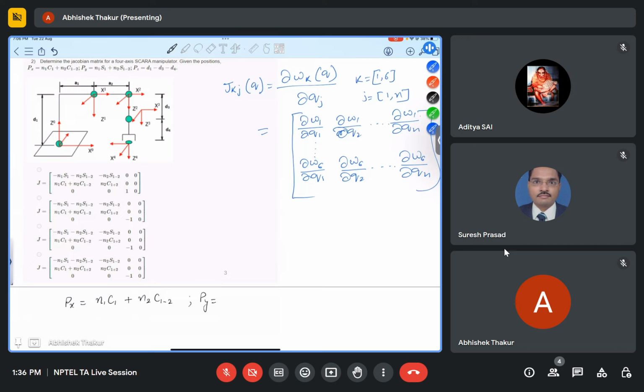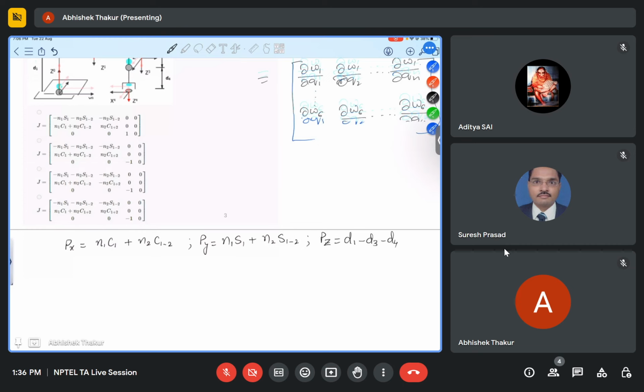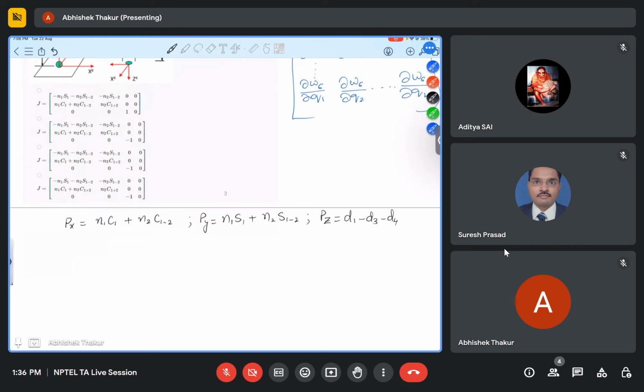Py is given as n1 s1 plus n2 sin of theta 1 minus theta 2, and pz is given as d1 minus d3 minus d4.